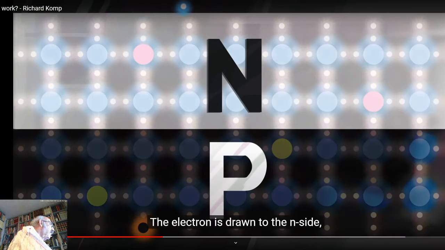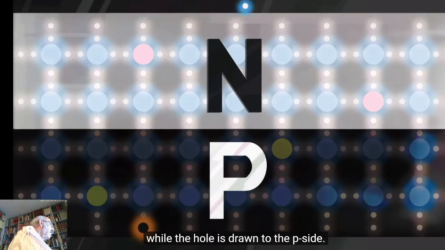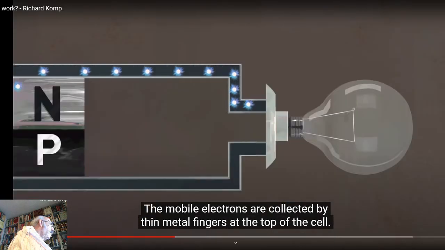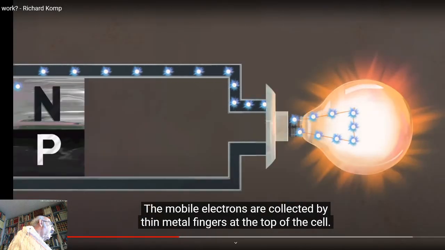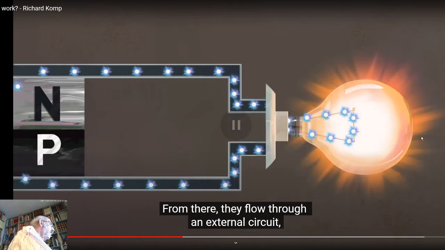The electron is drawn to the n side, while the hole is drawn to the p side. The mobile electrons are collected by thin metal fingers at the top of the cell. Okay, and you are creating electricity. So light is transformed into electricity. One form of energy, light energy, is changed into another form of energy, electrical energy.